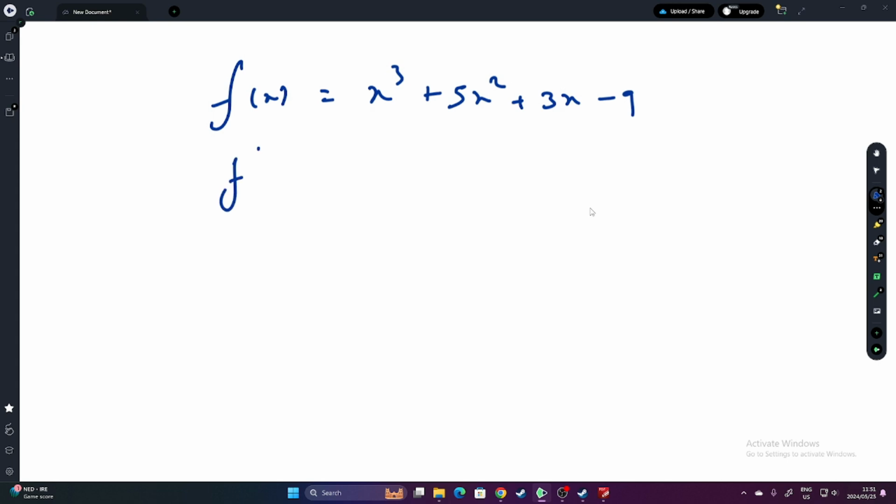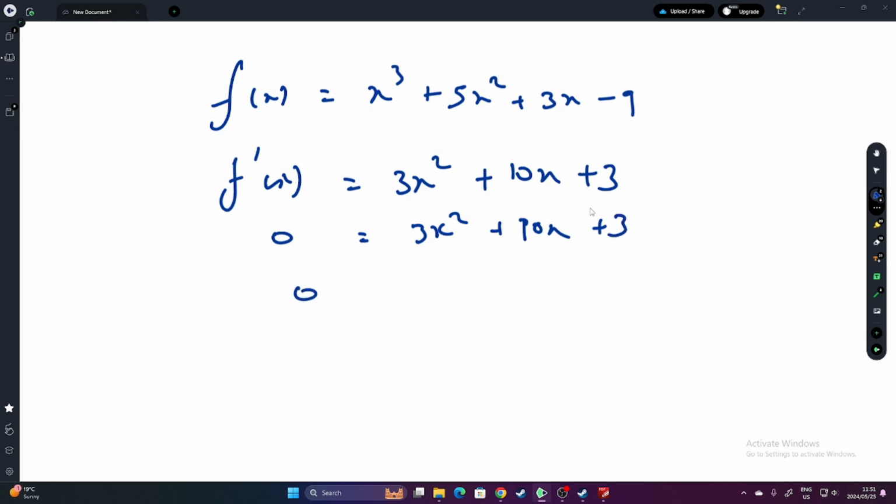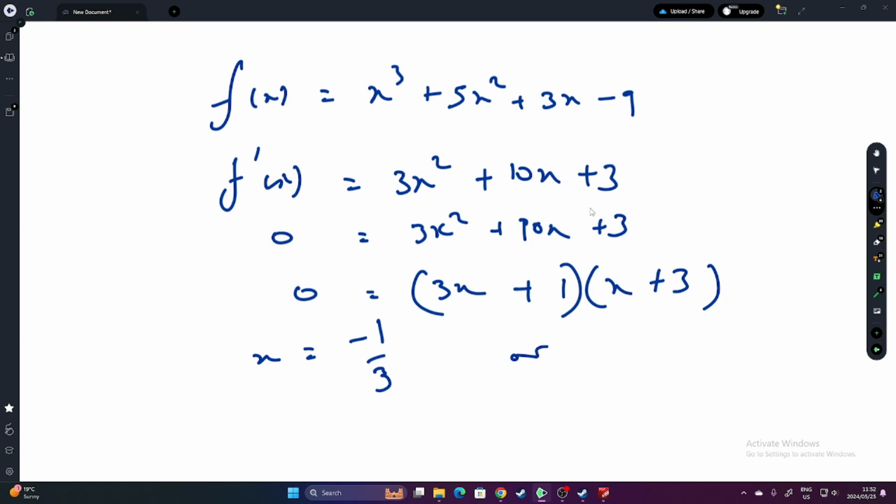So the derivative f prime of x will be equal to 3x squared plus 10x plus 3. We set this equal to 0. And now we factorize like we would normally do. So 3x, x, and so this should be plus 1, plus 3. From the first bracket, we would end up with x is equal to minus 1 over 3. From the second, x is equal to minus 3.